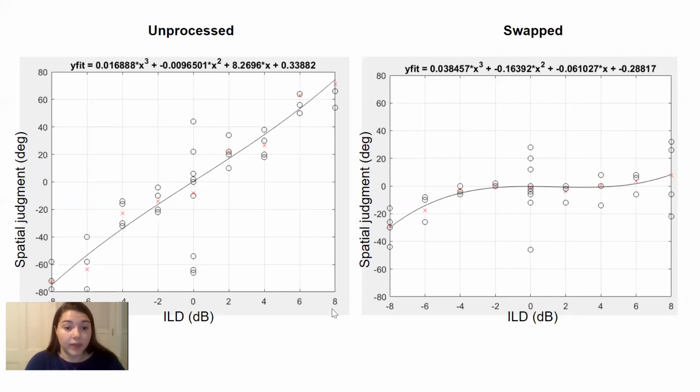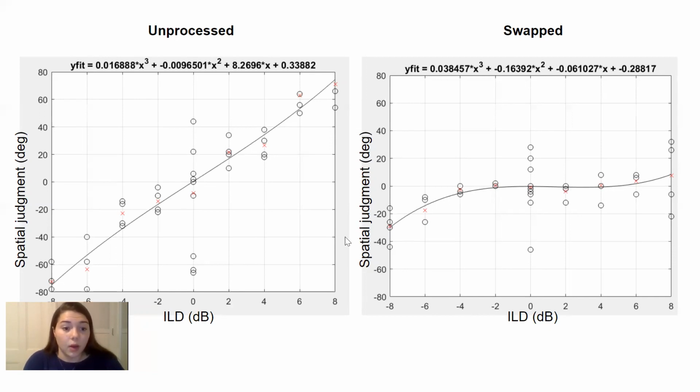So for example, if an ILD of 8 was played, the judgment was at about 60 degrees, but when the Locdeg algorithm was used and the same ILD of 8 was played, the judgment was closer to about 10 degrees, meaning that the Locdeg algorithm was effective in degrading localization, and more specifically, the degree of localization.